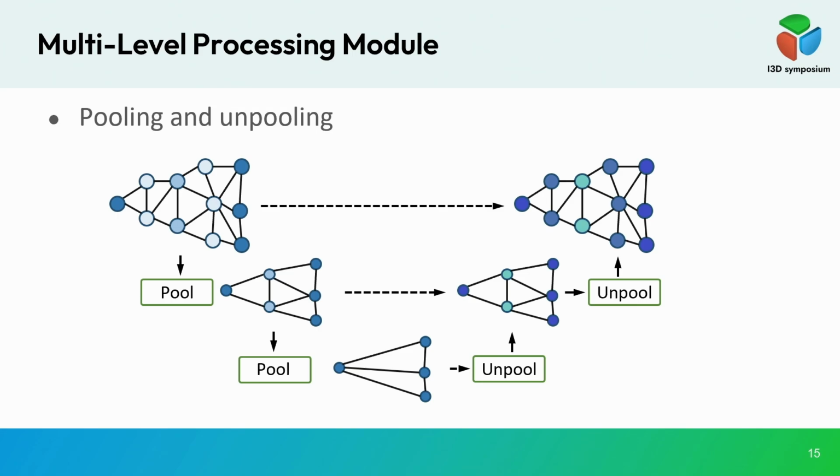Finally, we normalize these weights to apply them to reconstruct the features of the removed vertices. In summary, we use this unit style to build our multi-level processing module, which includes 2 pooling and 2 unpooling stages.